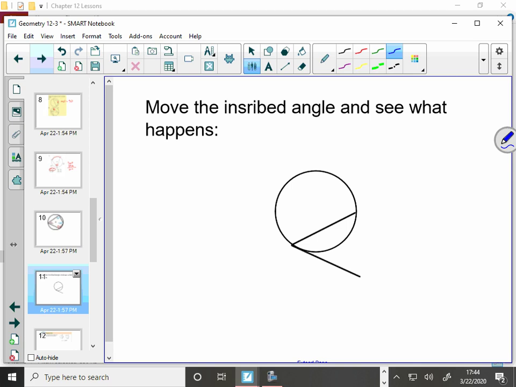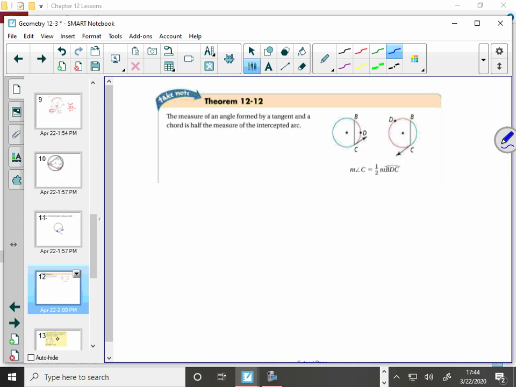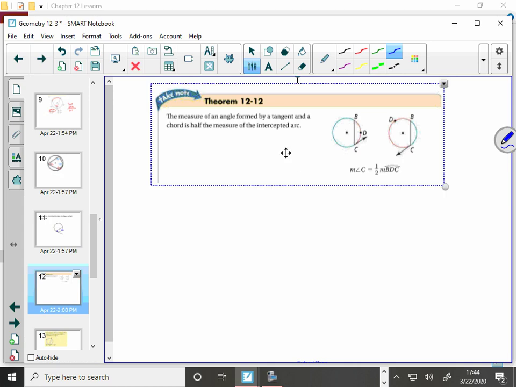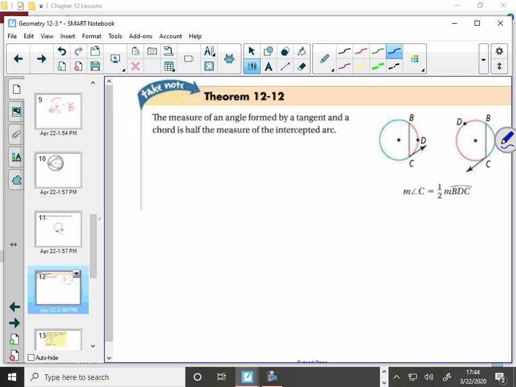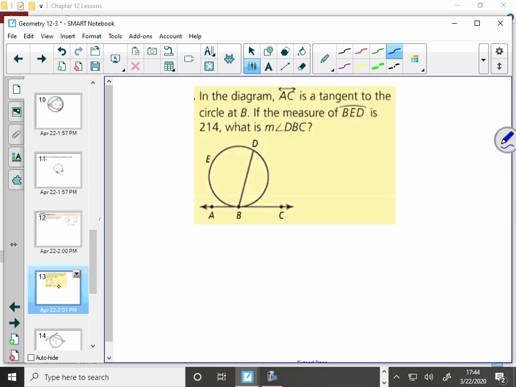So if the arc is 80, the angle would be 40, still half the arc. That's what this theorem says. The measure of an angle formed by a tangent and a chord is half the measure of the intercepted arc. It's not an inscribed angle, but it works just like one.